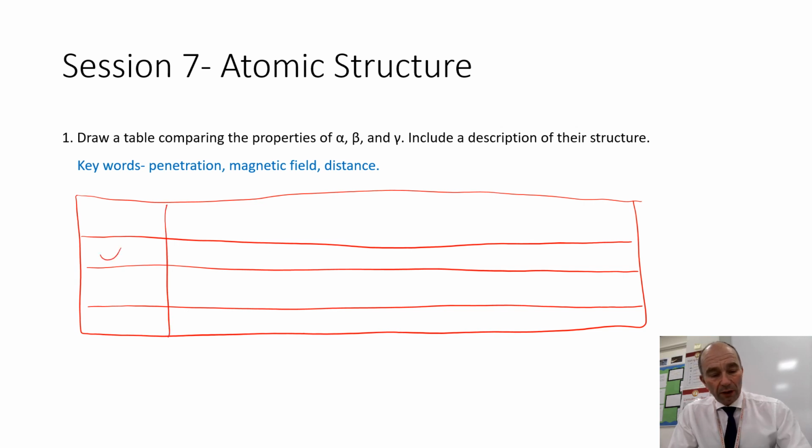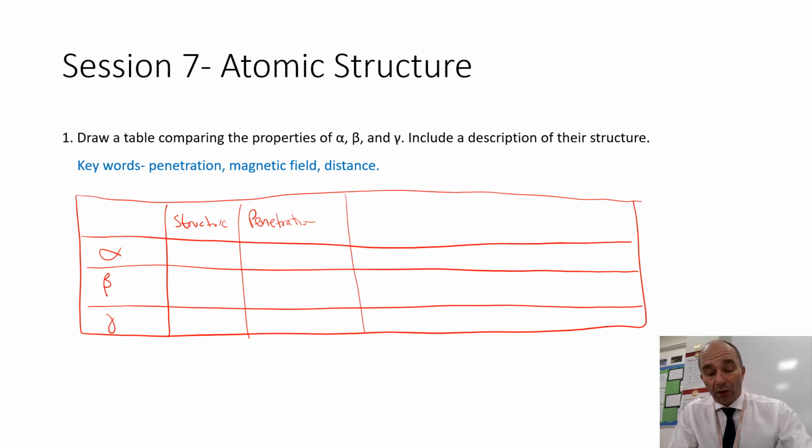So you're looking at alpha, beta and gamma radiation. You need to be thinking about a description of the structure of the type of radioactivity. Think about the penetration: how far does our material travel through the air? What materials block it?